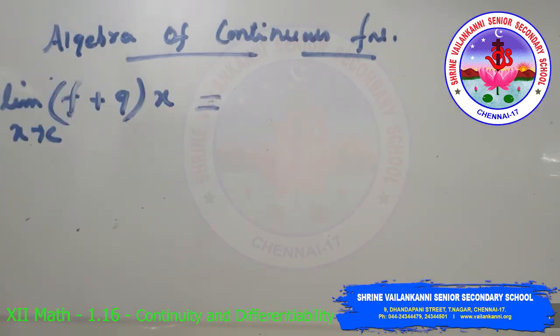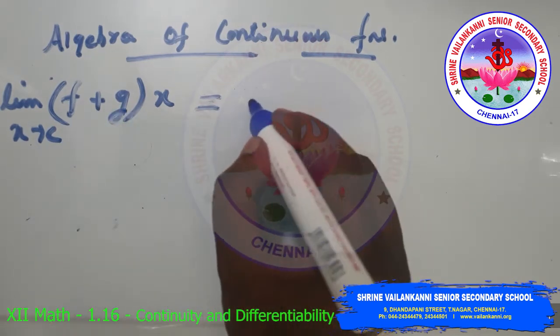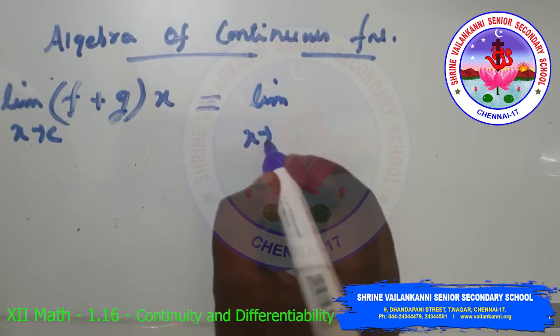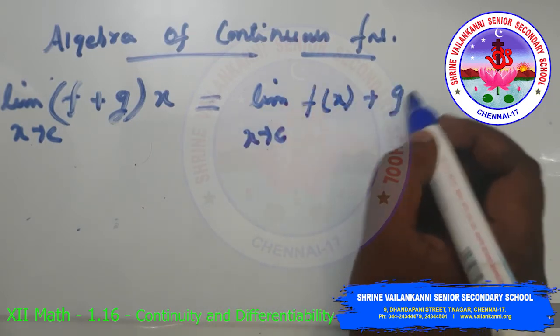Continuity of f plus g of x at x equal to c. It is defined at x equal to c. We have limit x tends to c, f plus g of x, which is equal to limit x tends to c, f of x plus g of x.